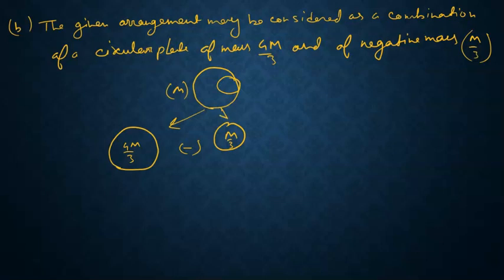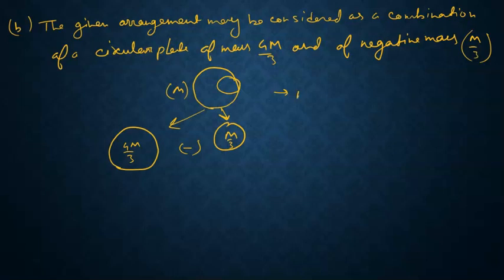Positive mass of 4m by 3 is the initial mass, and the negative mass m by 3 is the smaller disk which you have cut from the initial mass. So we will find the moment of inertia of these two individually and add them.